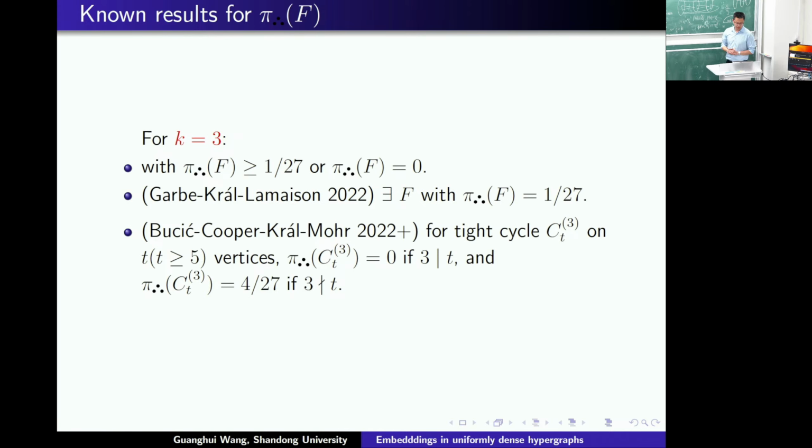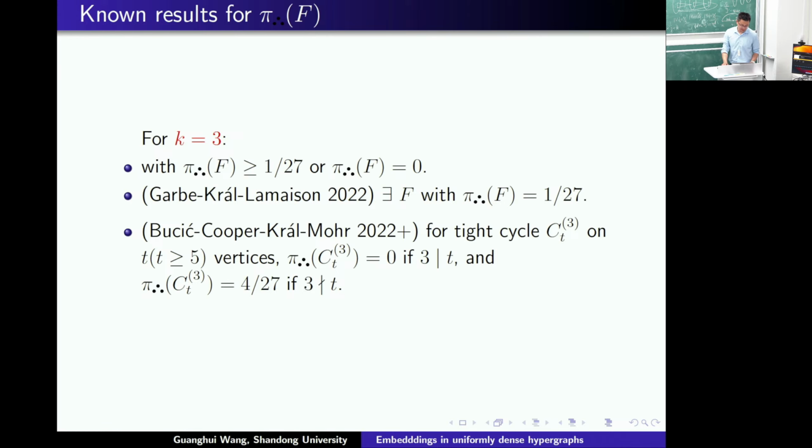And they have a corollary: if the uniform Turan density is positive, then it should be larger than or equal to 1 over 27.